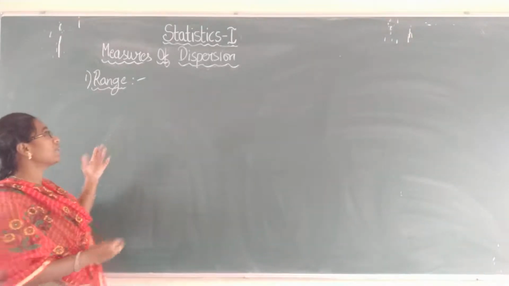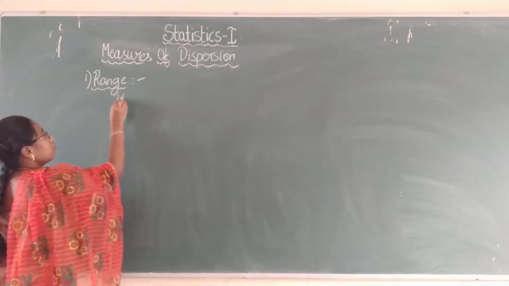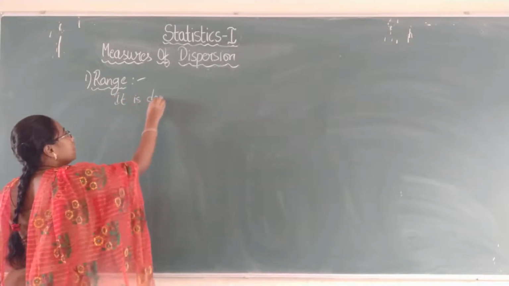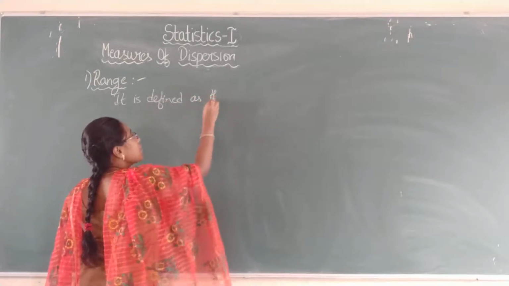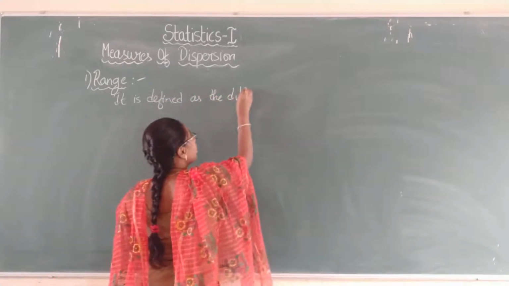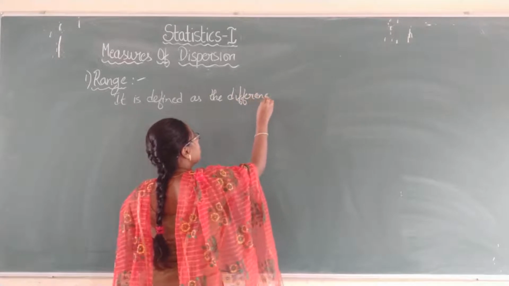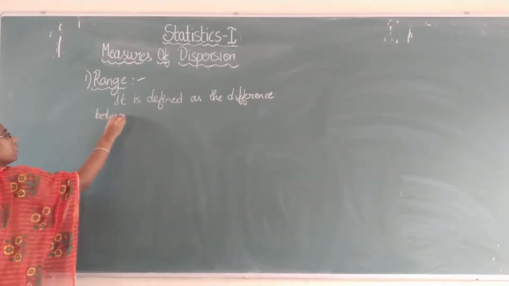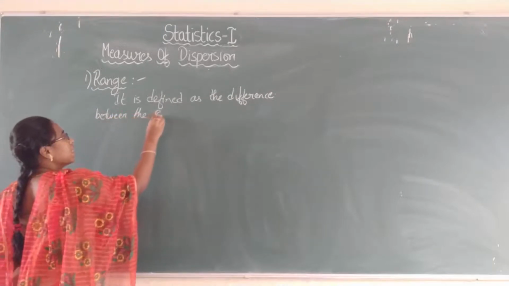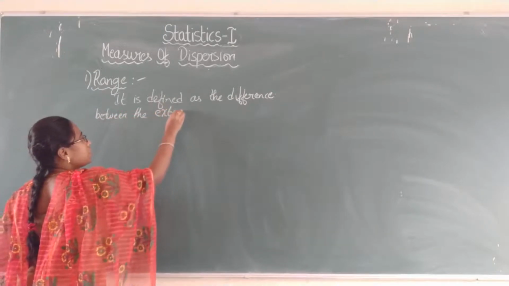So range is defined as the difference between the two extreme values of a distribution.